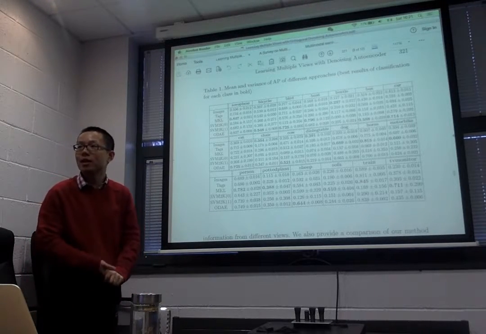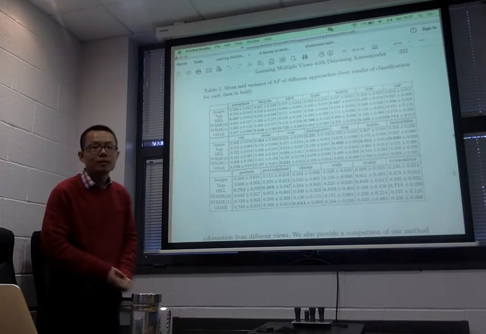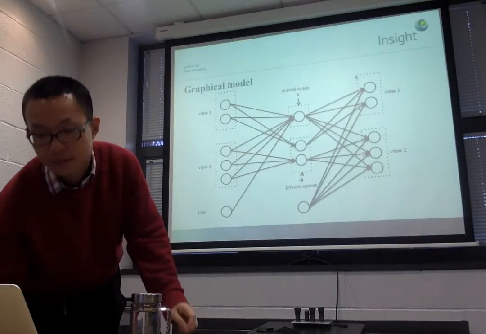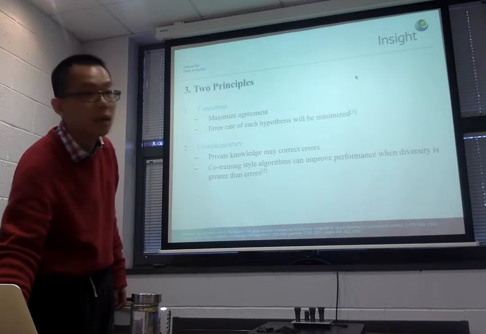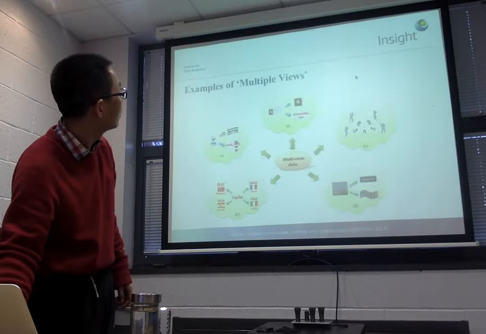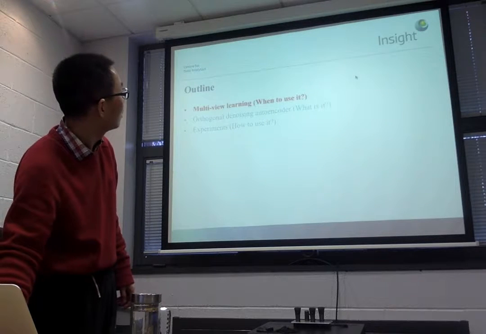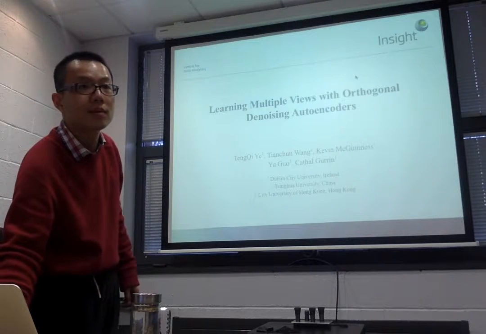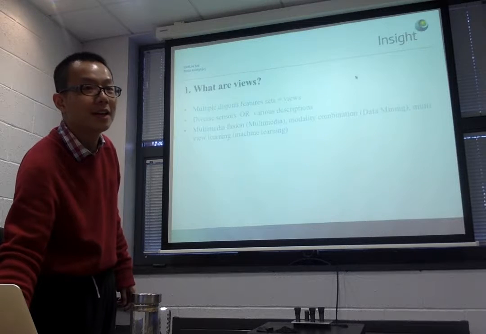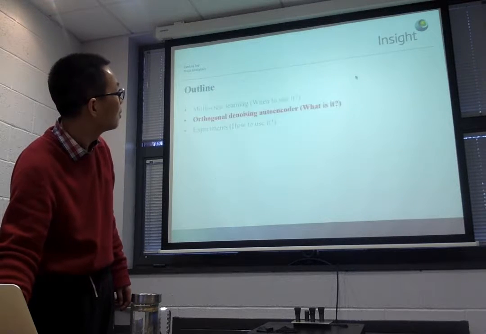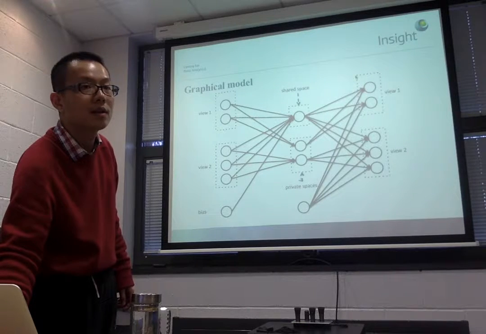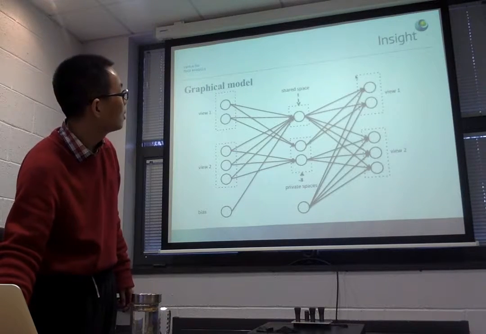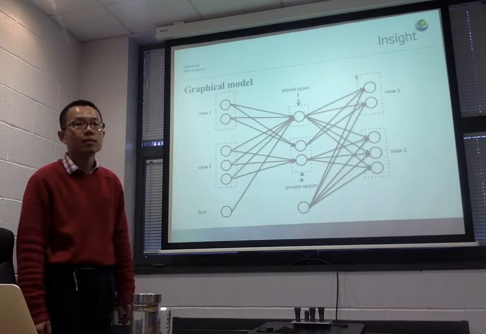Any more questions? Yes, can you go to the slide on an earlier page? Earlier? Yeah, earlier. I forgot which page. So for the autoencoder, you mentioned it's one hidden layer.